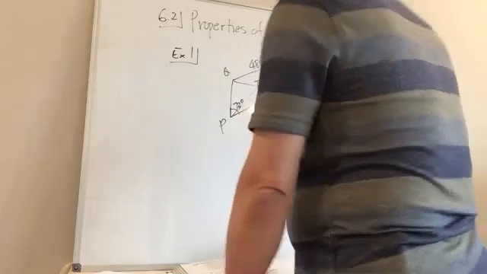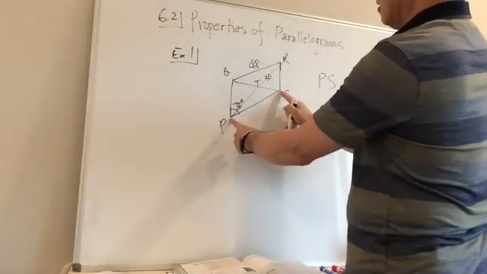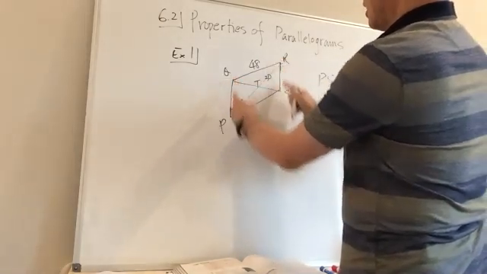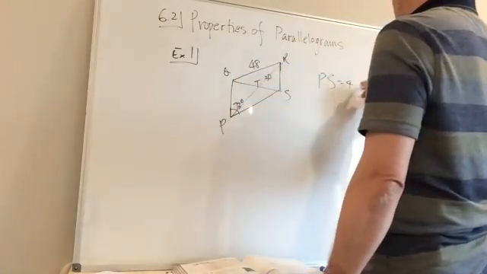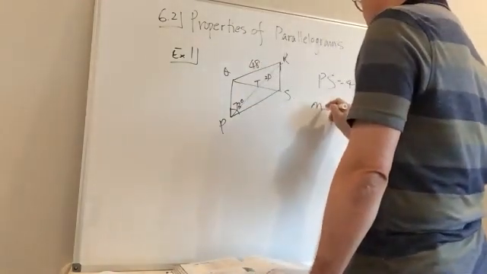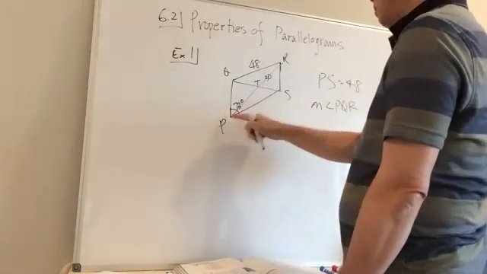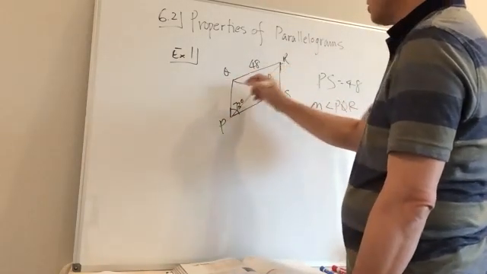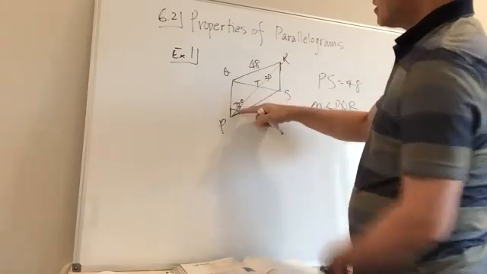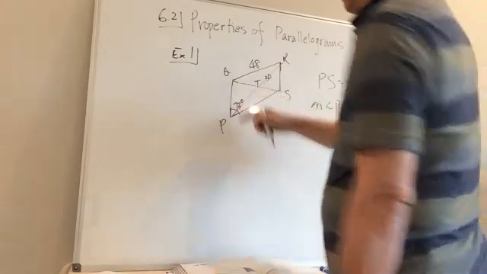Find each measure. Find PS. PS is down here. Since these two are congruent, this has to be 48. Next, they want to find PQR. PQR is going to be this guy over here, right? This guy and this angle have to be supplementary.